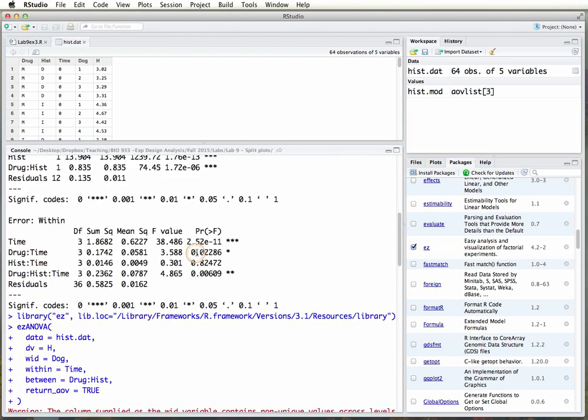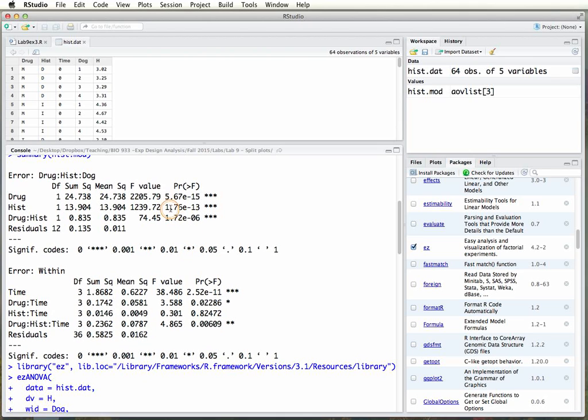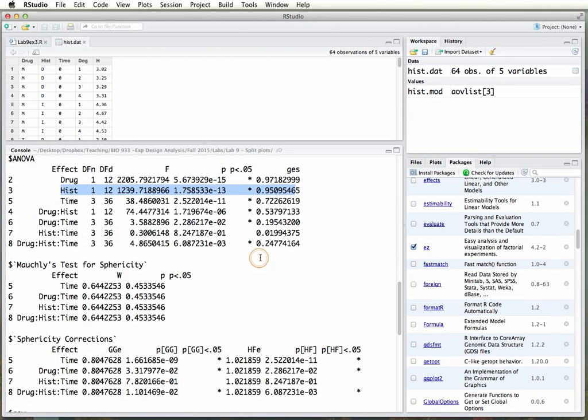Let's go look up here at histamine here. 1.75 times 10 to the minus 13. So when we manually pulled out the correct error term of A times rep and did our split plot, the Easy ANOVA is doing all that for us here. So this first part of the table is the regular split plot analysis with all the correct error terms. It's using the right error term for the main plot, and correctly it's using the residual error term for the subplot.